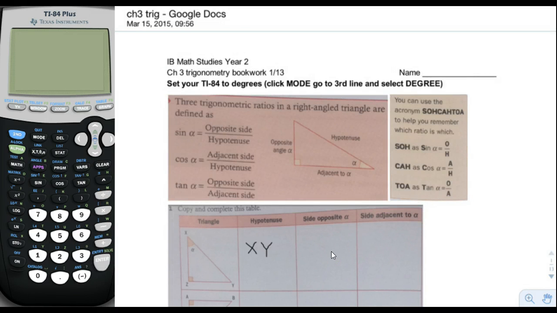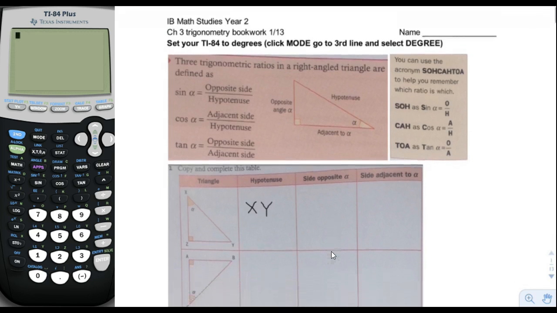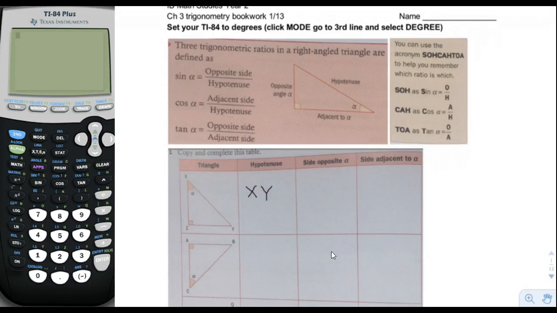This is the first page of trigonometry bookwork. The first thing that we need to learn how to do is, whenever you get a fresh calculator, a calculator that has just been reset, the mode on the calculator has been set to radians, which is a system of angle measure that we do not use in this class.